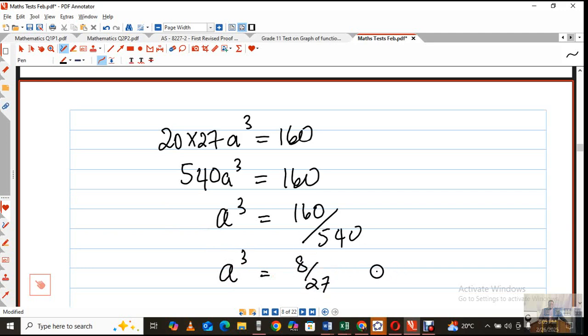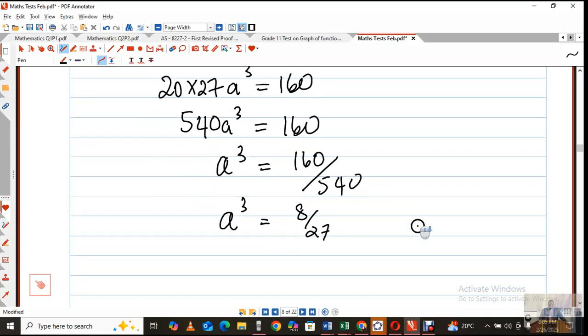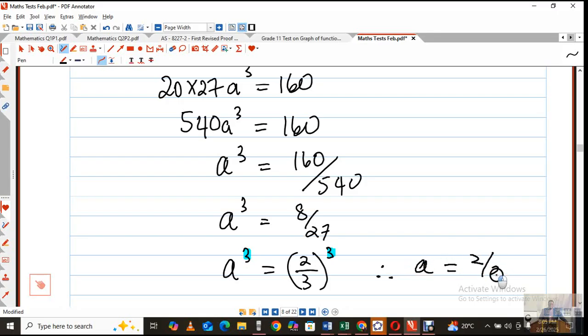One of the things you should know, you can actually calculate the answer from here already by taking the cube root of both sides. But I'm realizing that 8 is a cube number of 2 and 27 is a cube number of 3, right? And I hope you remember from the laws of indices that if the indices are exactly the same, then the bases are equal. So therefore my value of A is nothing but 2 over 3.